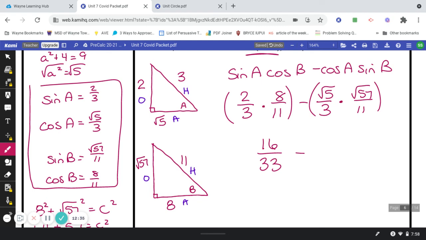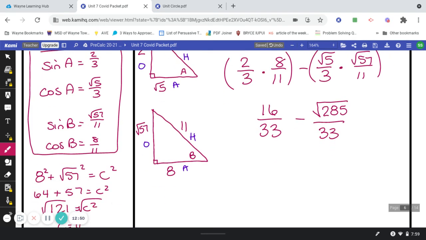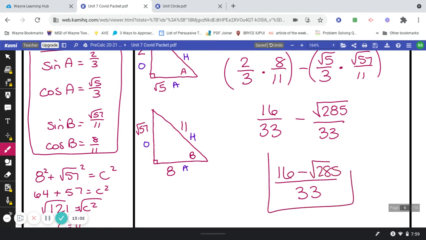So 5 times 57, and the answer would be 285 inside the square root bar. And 3 times 11, 33 again. Now, you won't be able to combine 16 and the 285 radical, but since you have 33 as a common denominator, you can at least write it as one big answer. There we go.